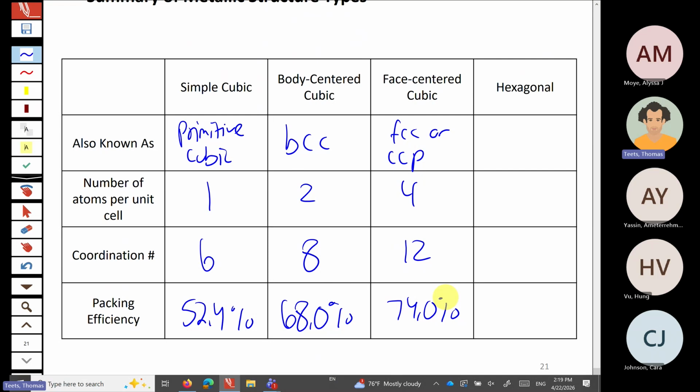And then hexagonal, which is called hexagonal close packing, HCP. 6 atoms per unit cell, same coordination number, same packing efficiency because it's generated from the same layers as face-centered cubic. So this is the most essential information that you should know, but you should know where some of these numbers come from, especially the counting numbers. And next time we'll talk about how we can translate some of these same insights into ionic structures.